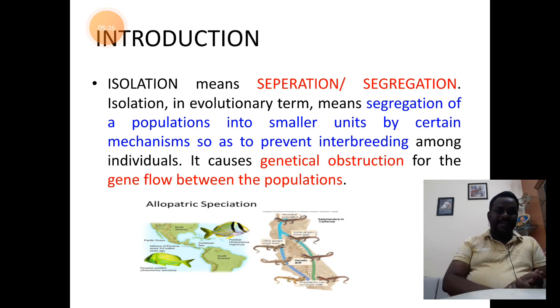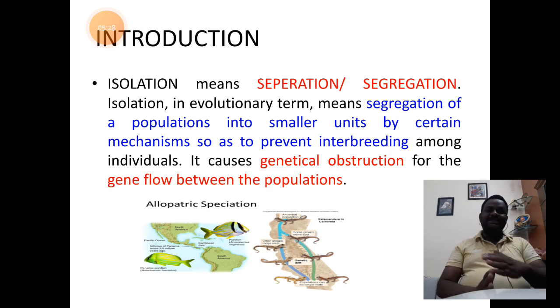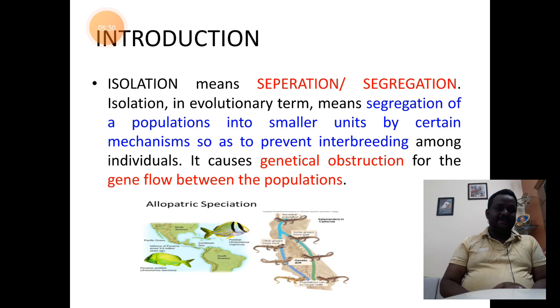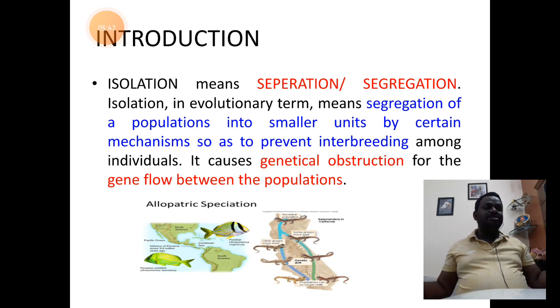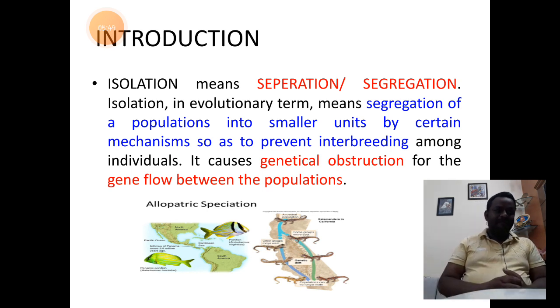A similar process is seen in the second picture towards the right side, which represents the salamander in California, where the ancestral population gets separated by rivers, so two genetically different species are formed, which do not mate.